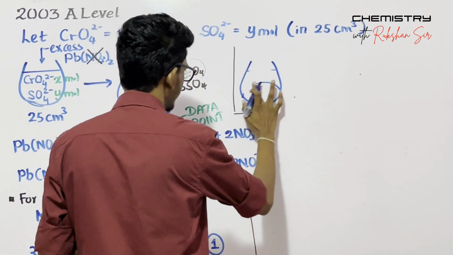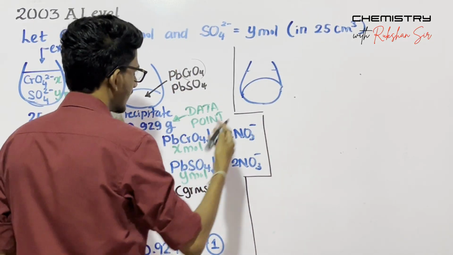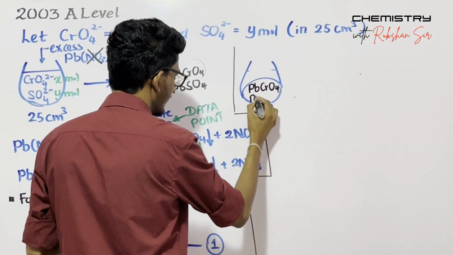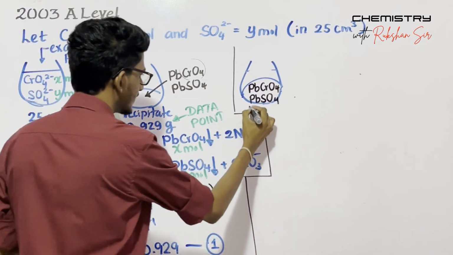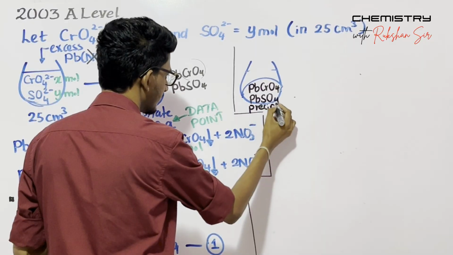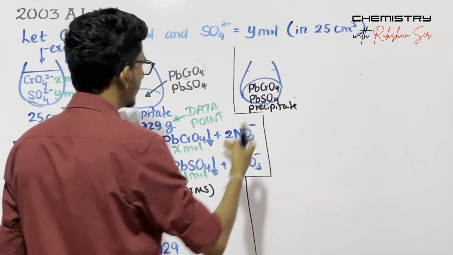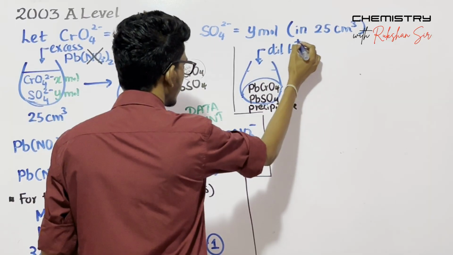and this is your precipitate, right? It was with lead chromate and lead sulfate. Those are the two precipitates. After adding a dil acid, what will happen?